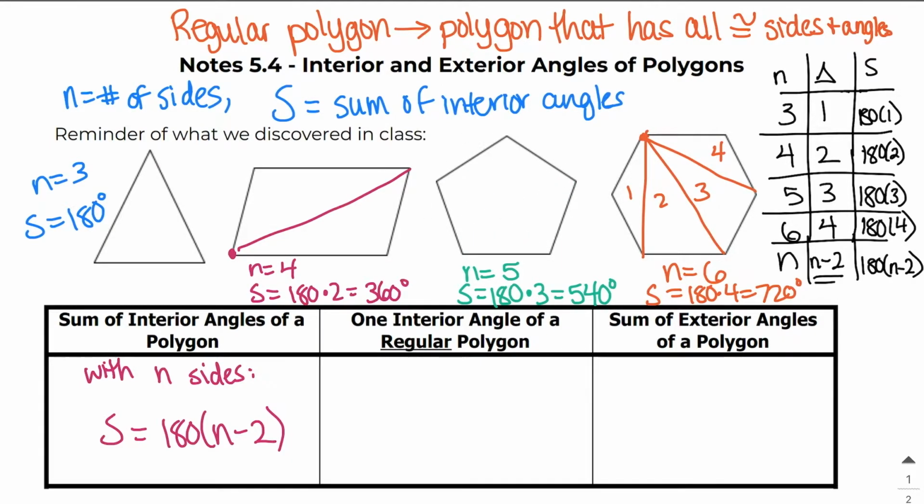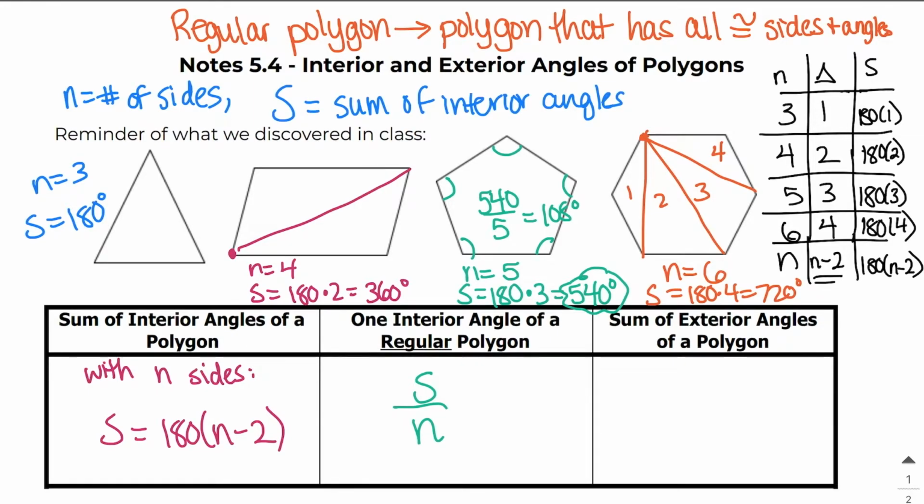I know all the angles add up to 540 here. To figure out one angle, I just have to divide 540 by 5. And when I do that, I get 108 degrees. So all I have to do is take the sum, this S right here, and divide it by however many sides there are, or however many angles there are.